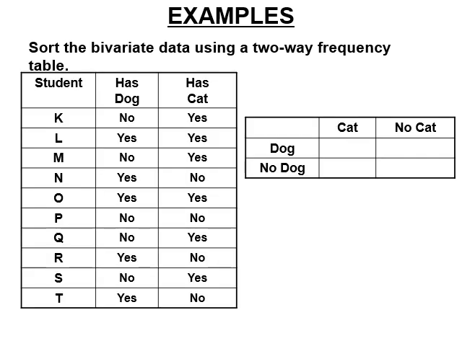So now you're going to go straight from the data. So I only see 1 with a no for both. I see 2 with a yes for both owning a dog and a cat.